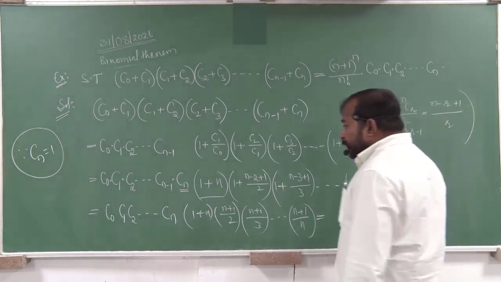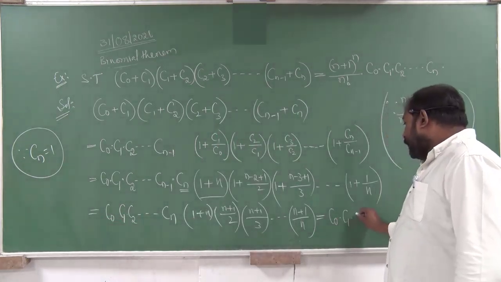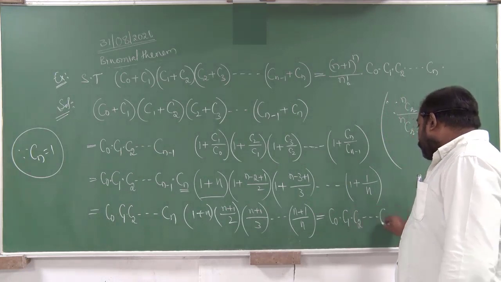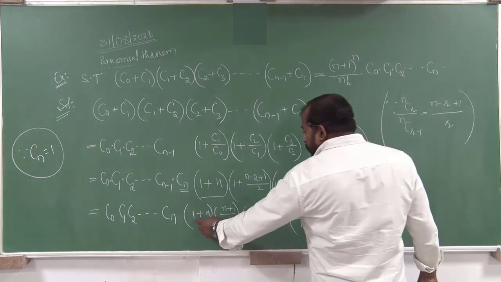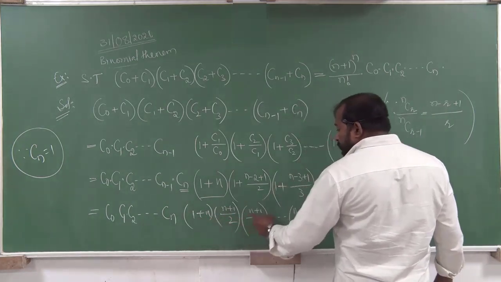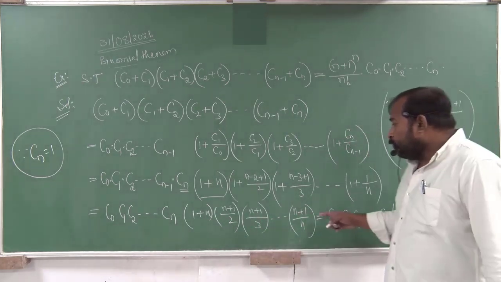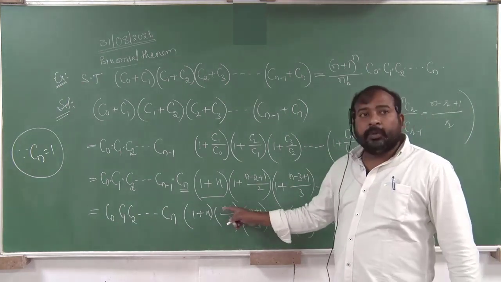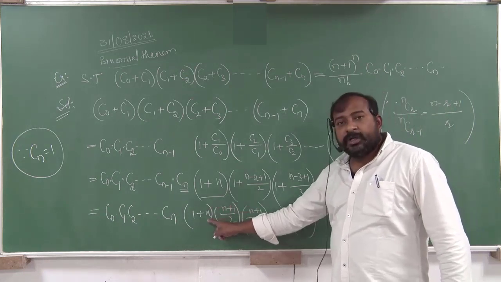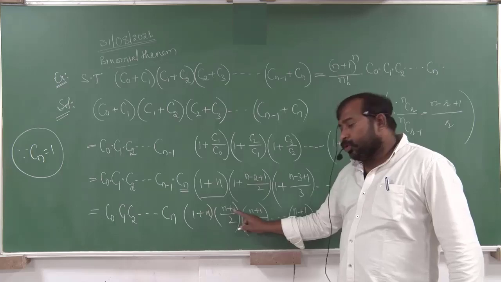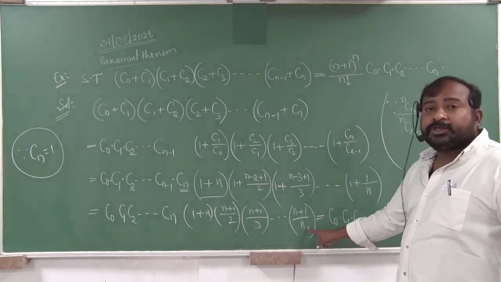So if you observe here, you will get C0 into C1 into C2 into, and so on, Cn into, next n plus 1 two times, n plus 1 three times, up to n plus 1 n times. If you do the product of the numerator values, all numerator values will be n plus 1 into n plus 1 into n plus 1, n times you are getting.